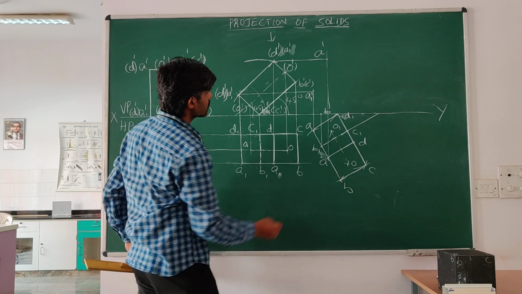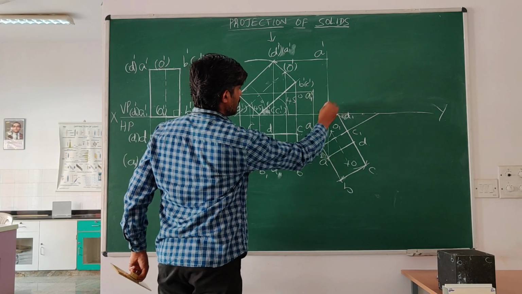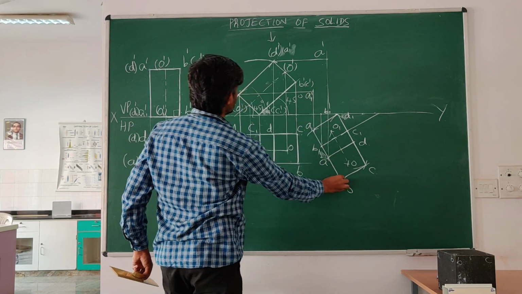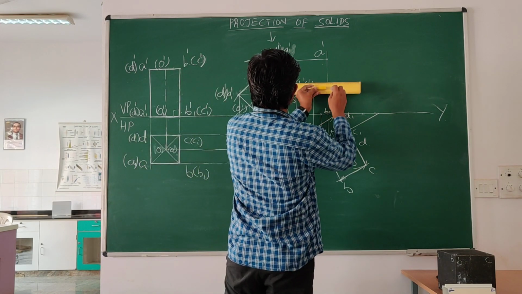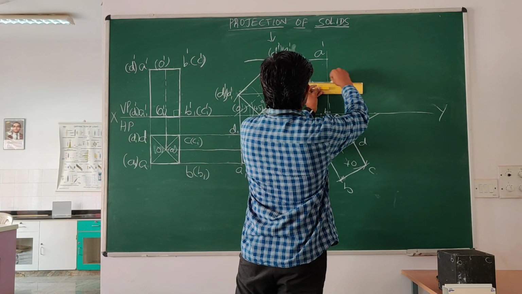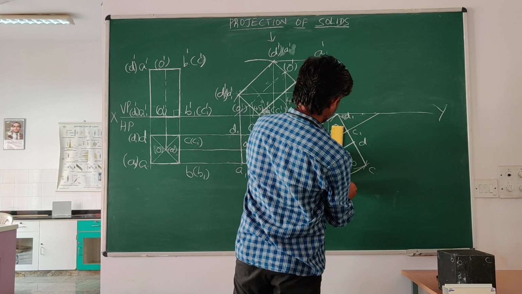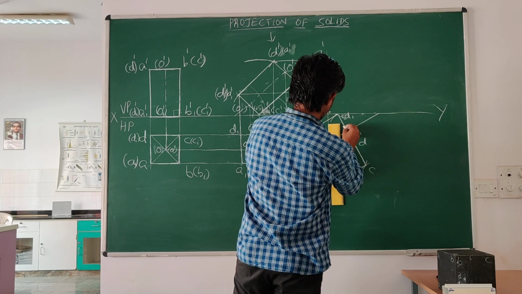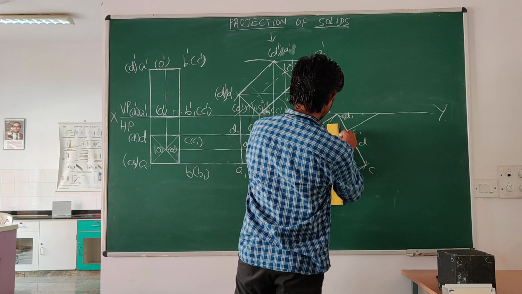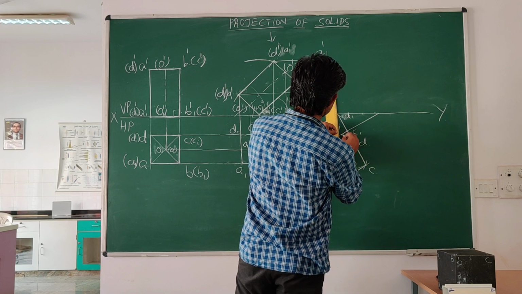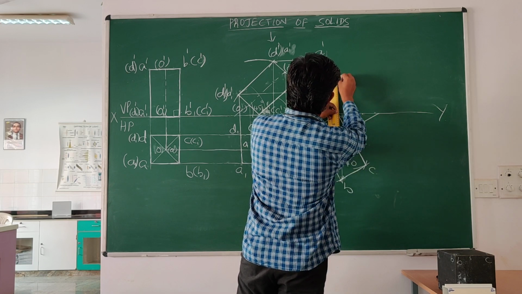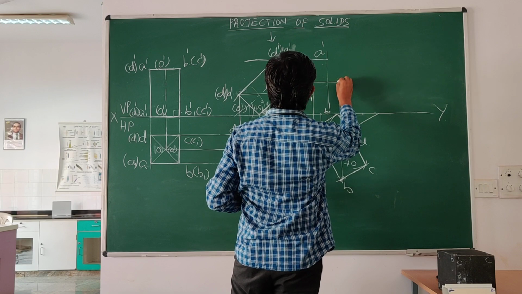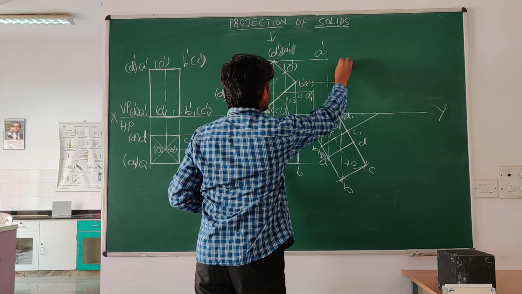Then A1 dash, B1 dash, A dash, B. B is here, so I will be drawing a line here. So this is B dash.